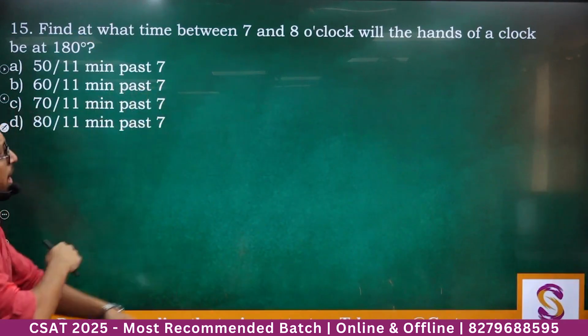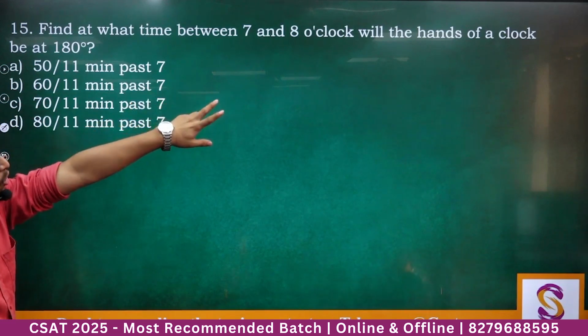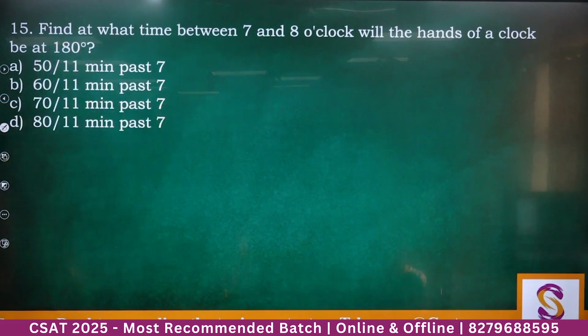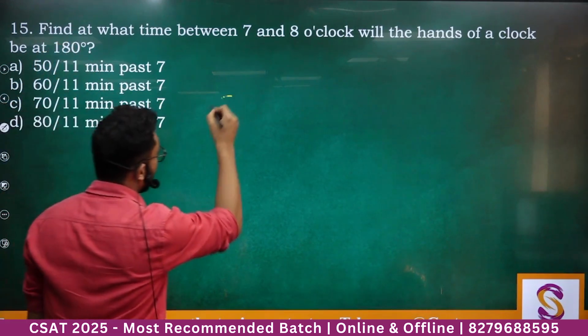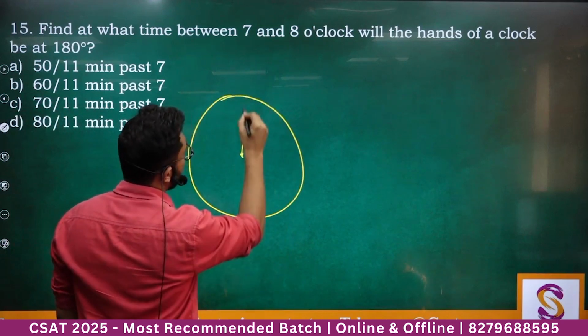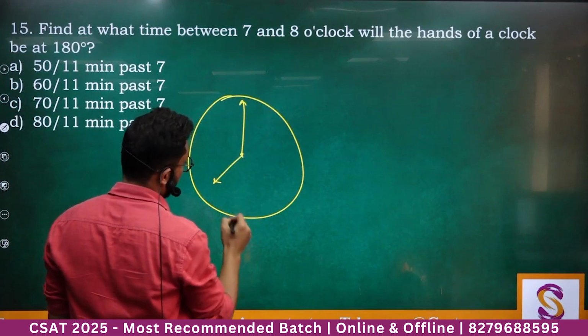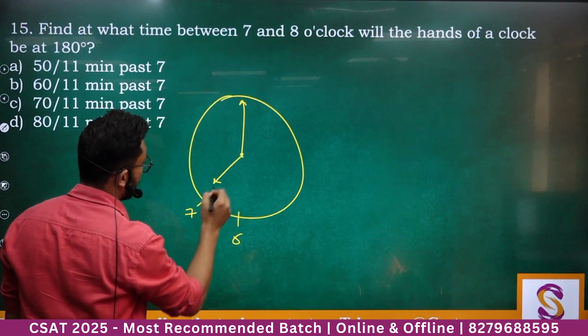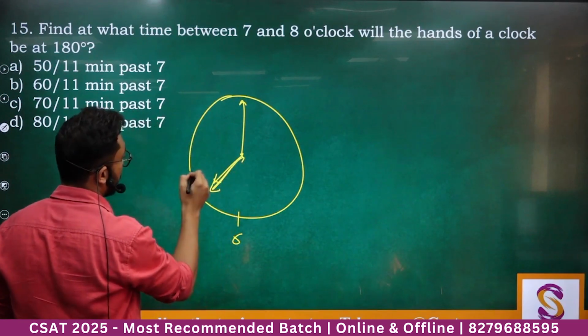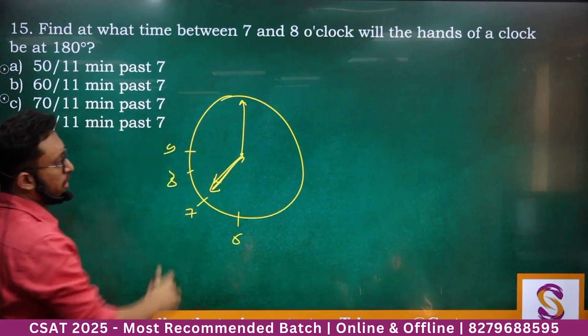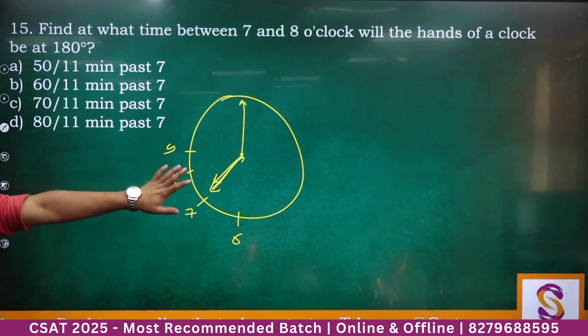See, find the time between 7 and 8 o'clock. Both these hands are at 180 degrees. This is the initial situation. The time right now is 7 o'clock.